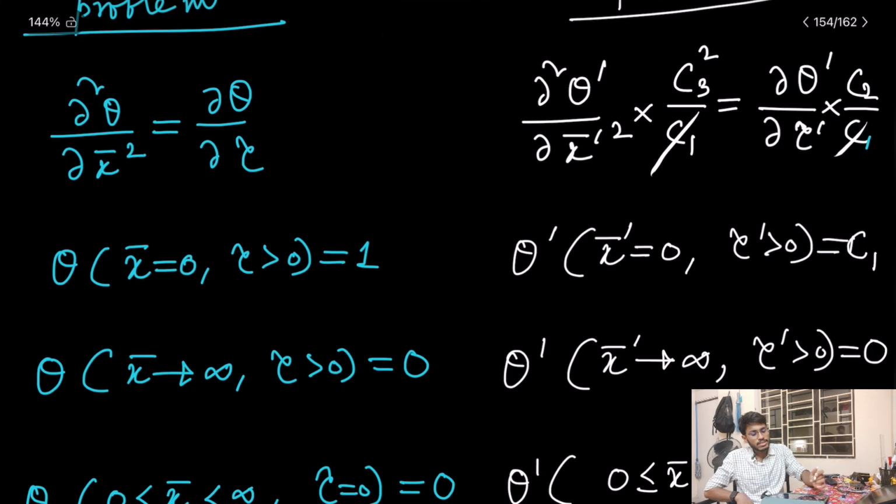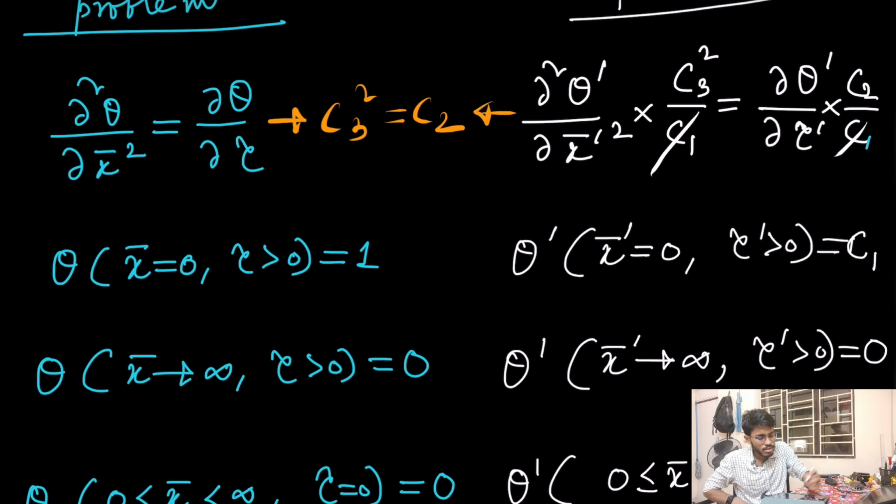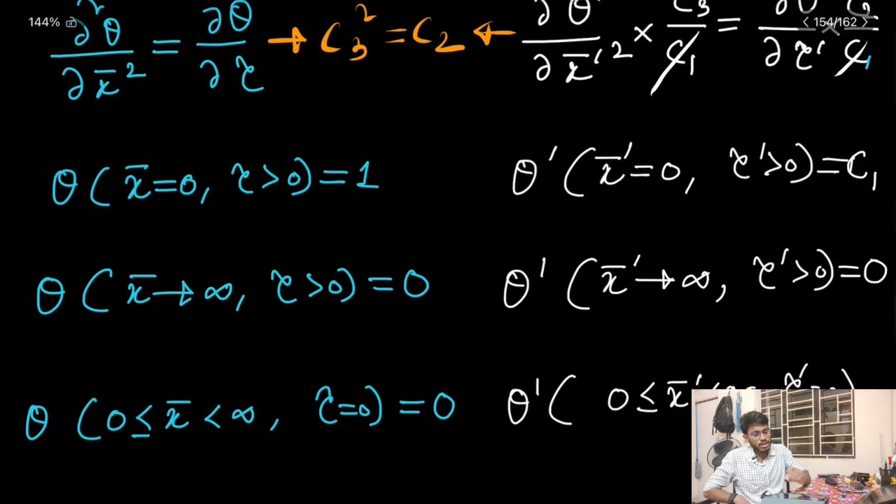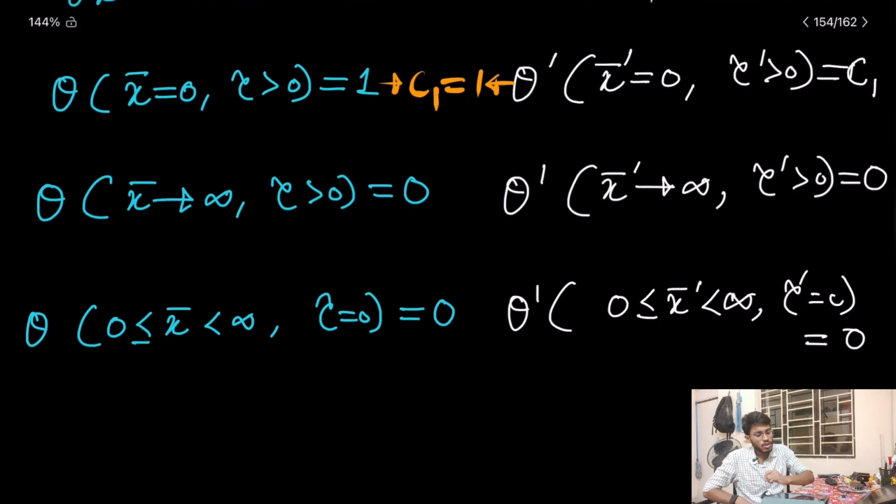So let us see that. Now if the governing equation has to be the same, then from these two equations I will have C3 square equal to C2, right? And if this boundary condition has to be satisfied, then I have to have C1 equal to 1. There is no restriction in these two equations, these are exactly the same.